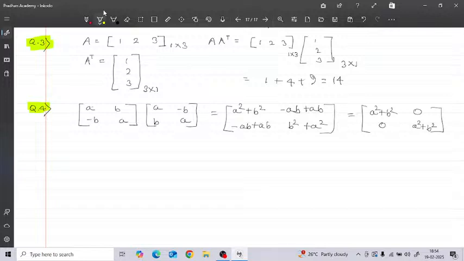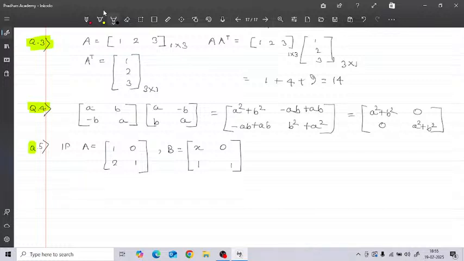Let's move to another question. Question number 5 states that if A equals 1 0 2 1, B equals x 0 1 1.